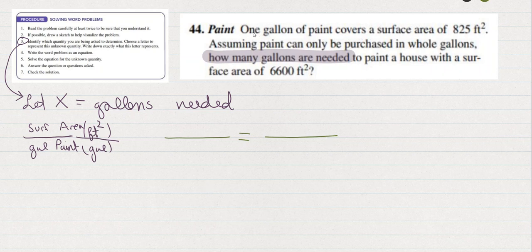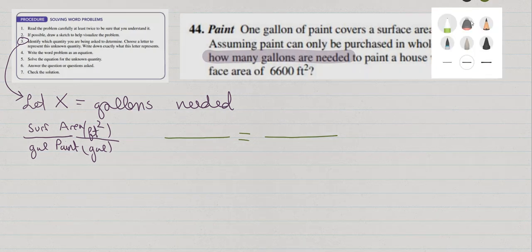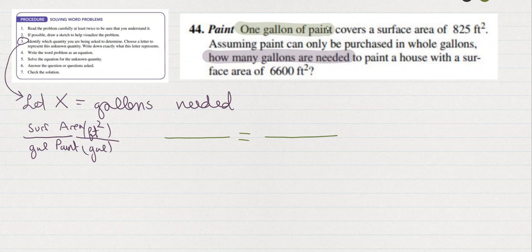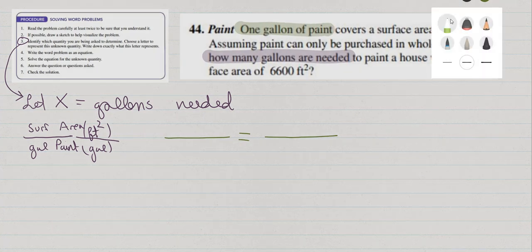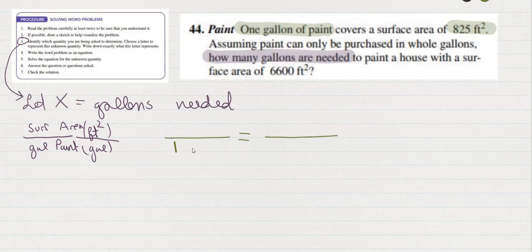So what we know is 1 gallon of paint covers a surface area of 825 square feet. 1 gallon of paint, 825 square feet. So we've got 1 gallon, 825 square feet.